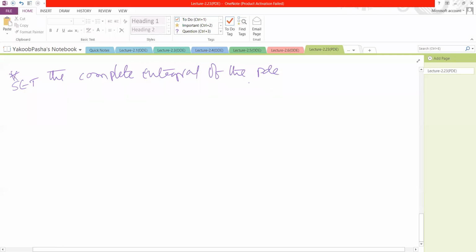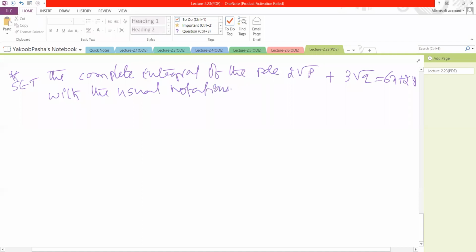The complete integral of the PDE 2 into root p plus 3 into root q is equal to 6x plus 2y, with the usual notations.